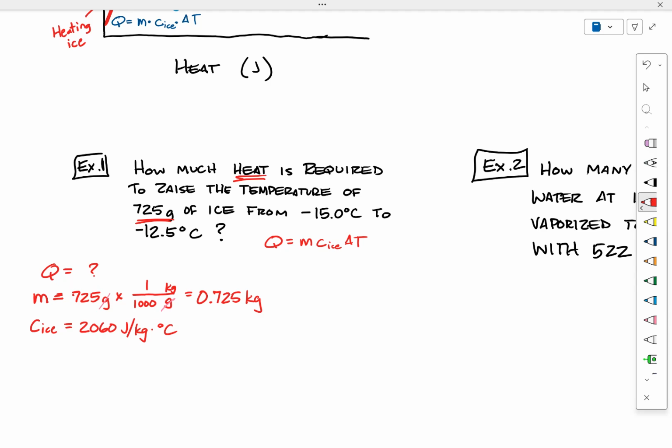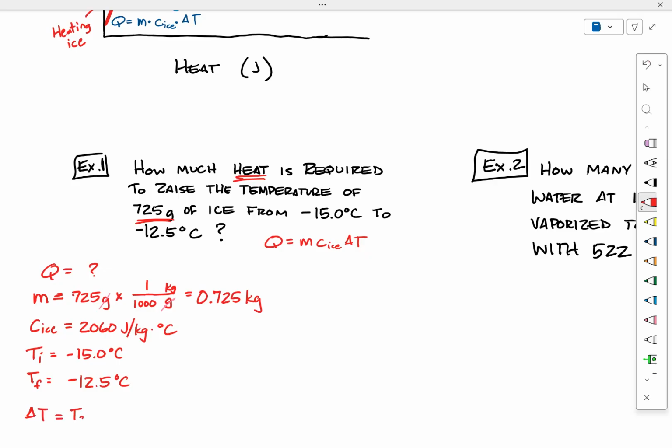All right, the last two variables that we're going to use: we have the initial temperature given at minus 15 degrees Celsius, the final temperature at minus 12.5 degrees Celsius. And in our equation, we want delta T. So the delta T value can be calculated by taking the final minus the initial.